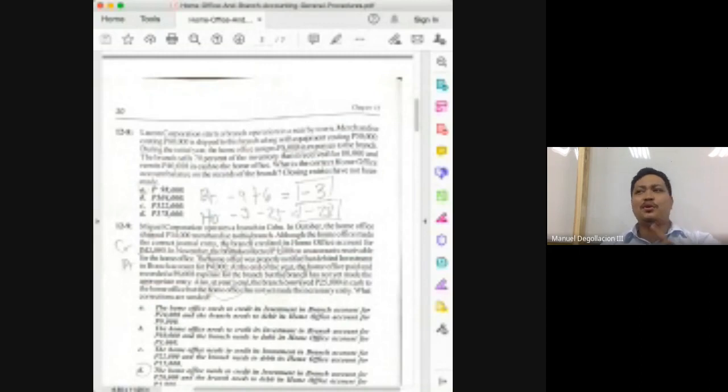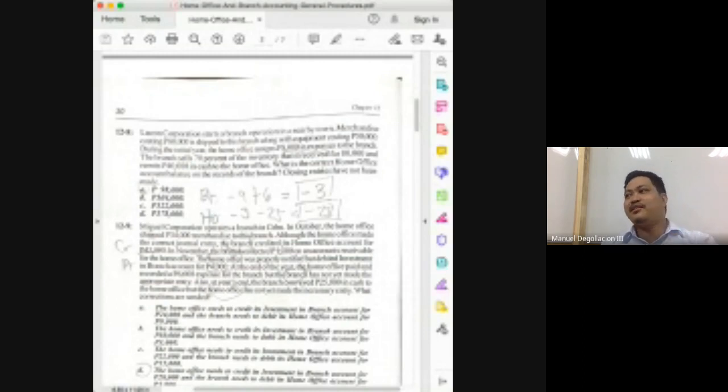Okay? But are you supposed to add profit and deduct loss, class? The answer is yes. Okay, but why are we not doing that in this problem? Because closing entries have not yet been prepared. That means the profit or loss have not yet been closed to your home office account. Okay? So I'm telling you now, this problem will come out in our exam next week, but I will change it, class, wherein closing entries have already been prepared.